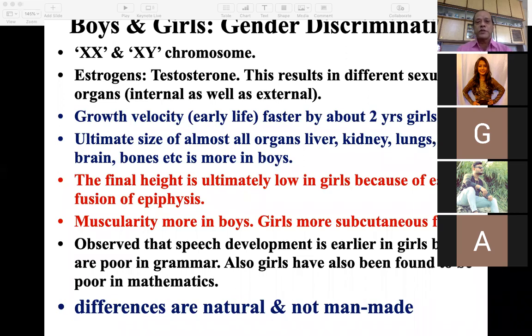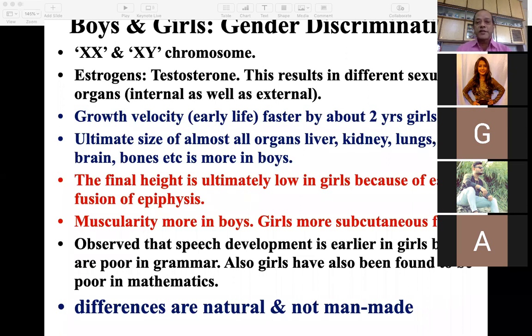Growth velocity, especially in early life, is faster by 2 years in girls. Ultimate size of all the important organs, if you remember the anatomy and physiology, every organ, including liver, kidney, lungs, brain, heart, bone, the weight is more. That means their size is more.